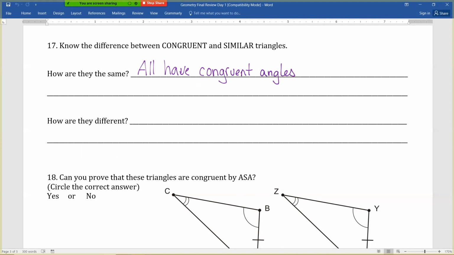So both similar and congruent triangles, let's have equal. Let's do equal instead of the word. So if I have a pair of congruent triangles and a pair of similar triangles, both pairs would have equal angles to each other.